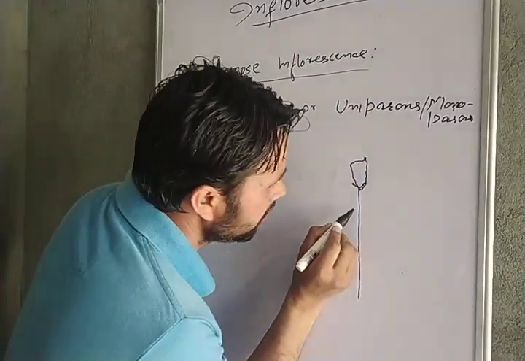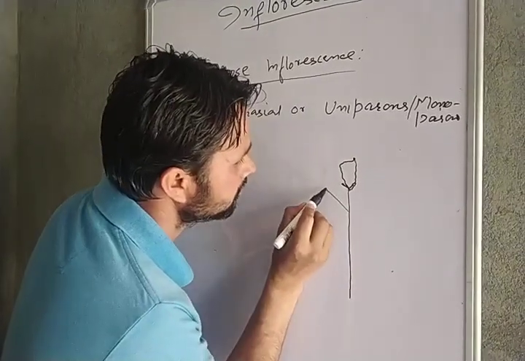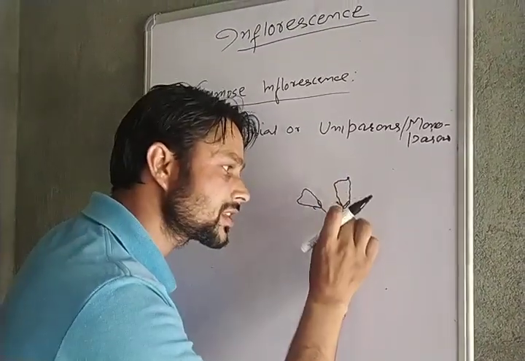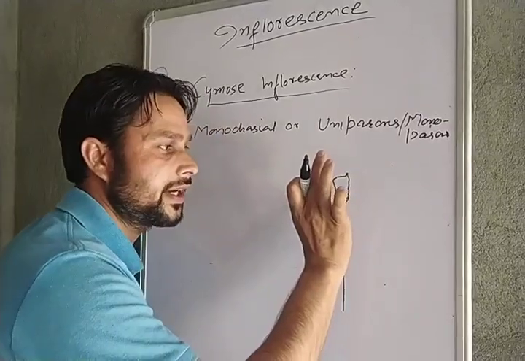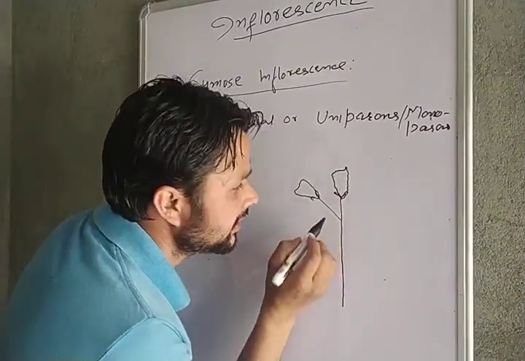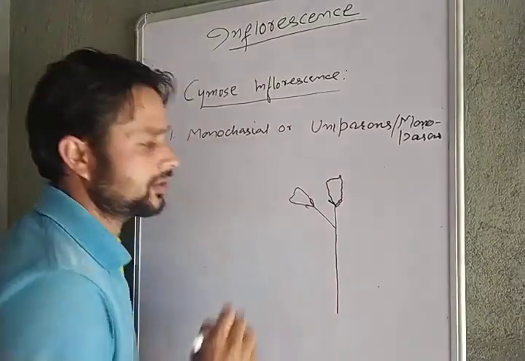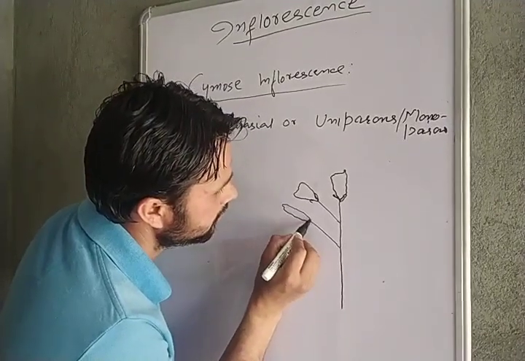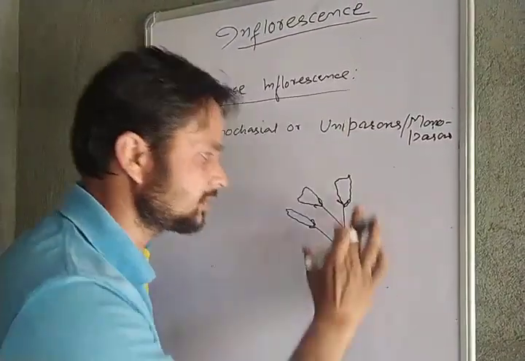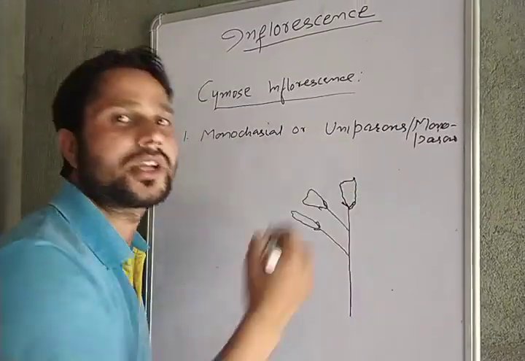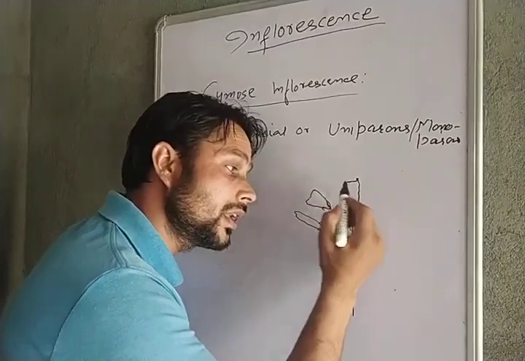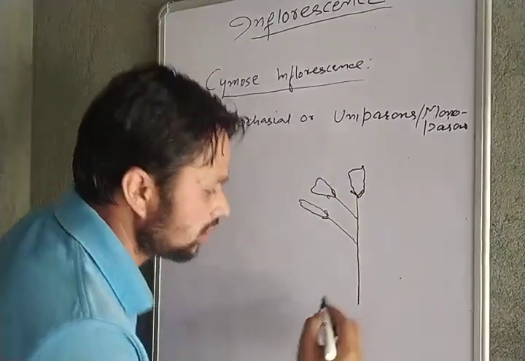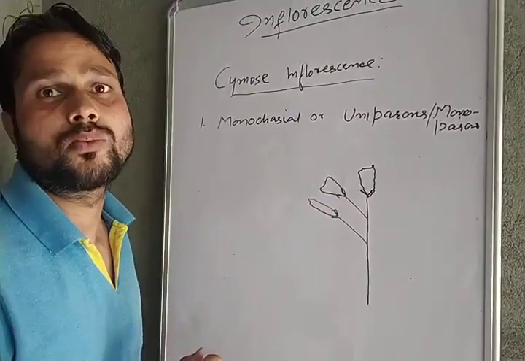But in monochasal, this lateral branch pushes the axis towards one side, and it again branches into a lateral branch and terminates into a flower. Again this repeats and terminates into a flower. This process continues. If the process of terminating the floral axis occurs only on one side, then it is called helicoid monochasal cymose inflorescence.